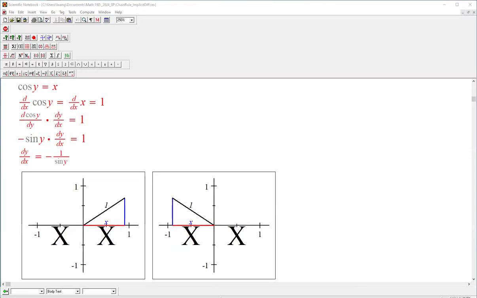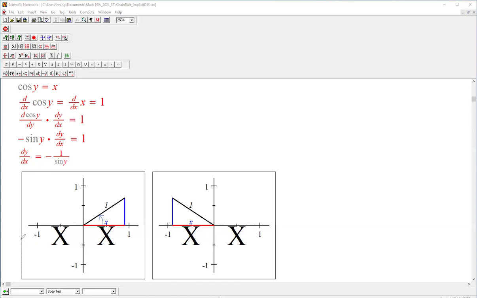Cosine y equals x. Let me bring back those pictures. If y terminates in the first quadrant, we know the red is x, the 1 is the hypotenuse. Blue is sine y.